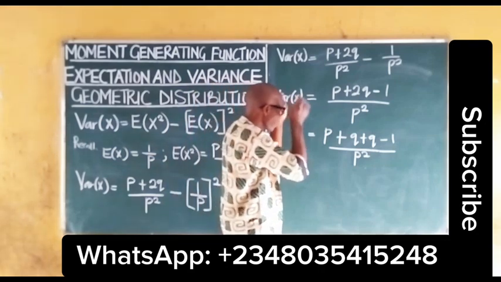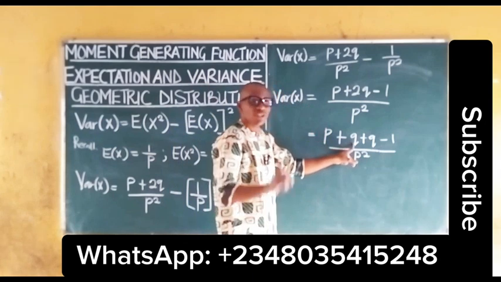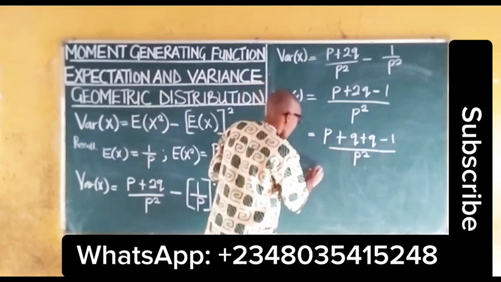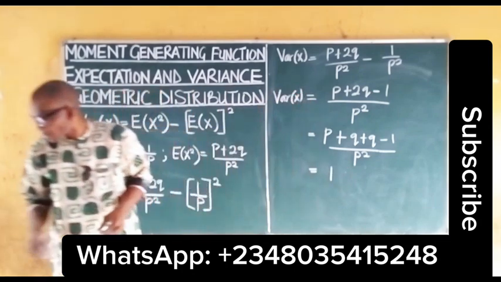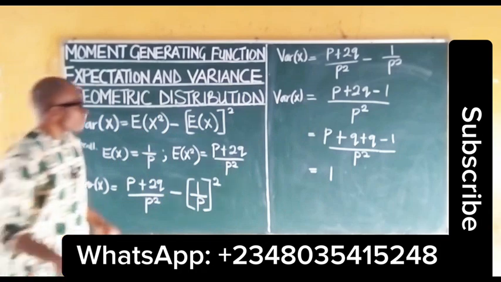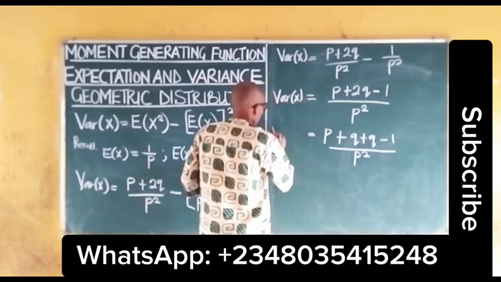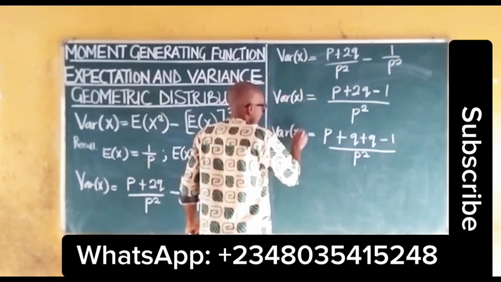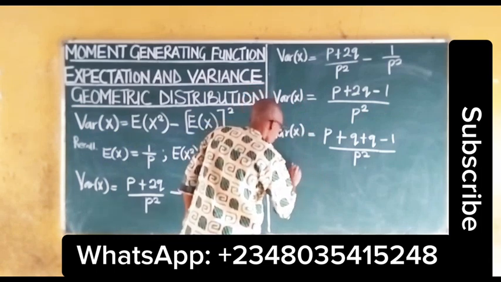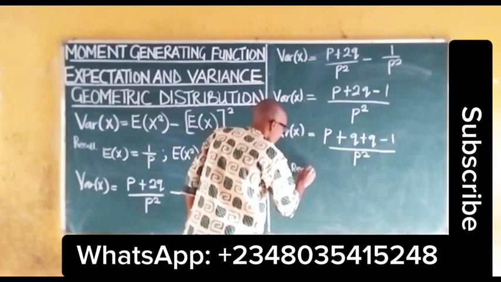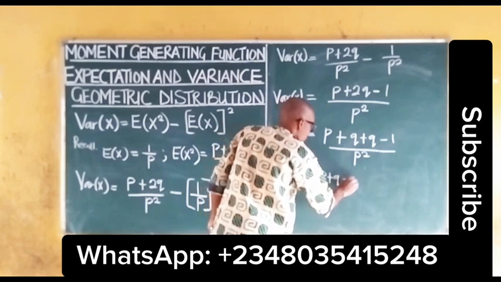Now, we know from probability that p plus q is equal to 1. Okay, let me write it out. This is our variance of x. From probability, we recall that p plus q is equal to 1.